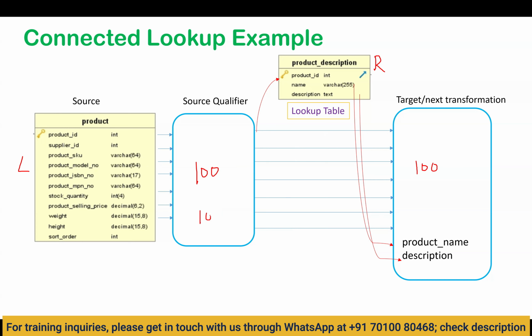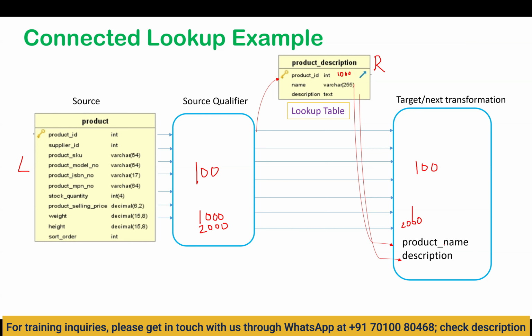For example, some product ID value is coming, say 1000. 1000 will match, and the product name and description will populate here. Then one more record is coming, 2000. It's coming from the source, but 2000 is not there in the lookup table. In this case, 2000 will automatically come to the target, the record.